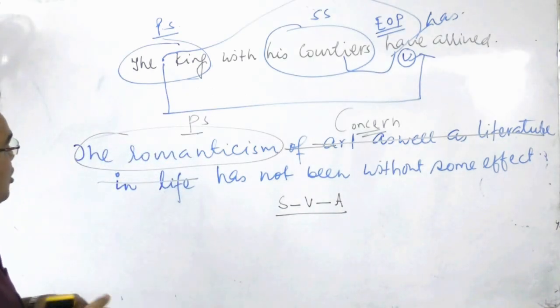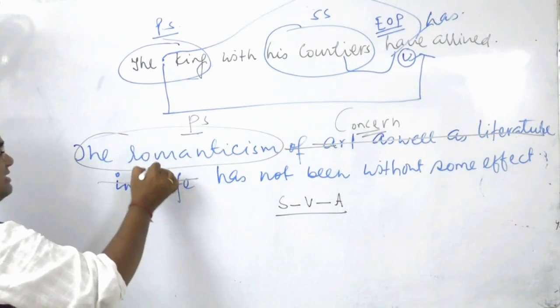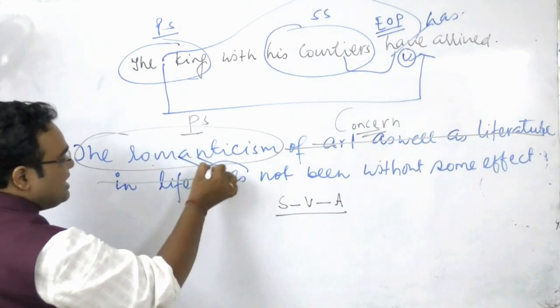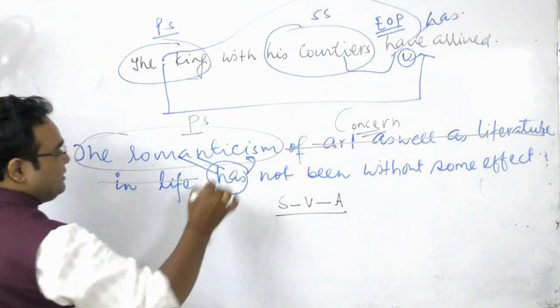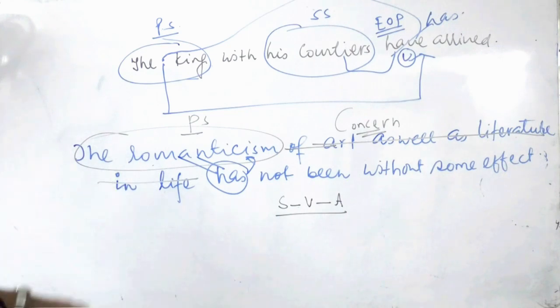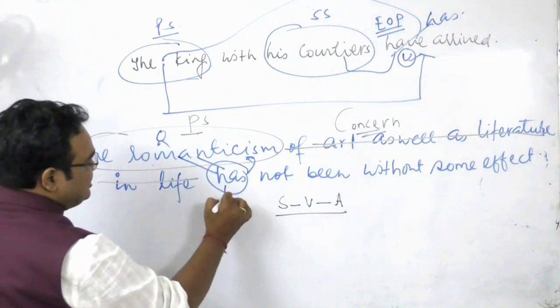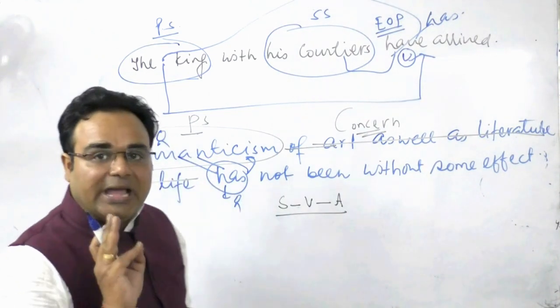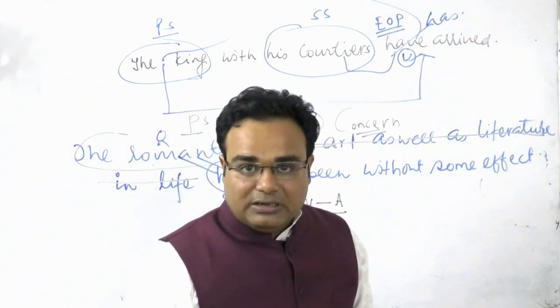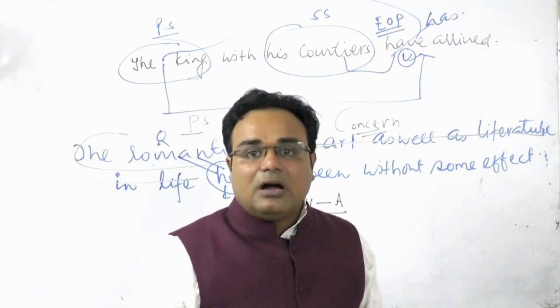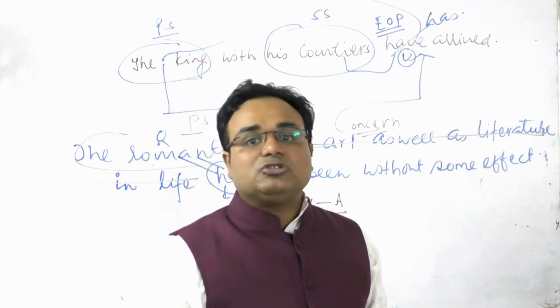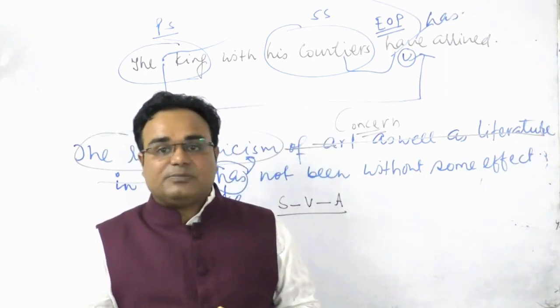So obviously the subject is romanticism, and this has been put due to this subject because this is singular and this has is also singular. Just remember, has is singular, have is plural. Is, am is singular, are is plural. So this was all about error of proximity.